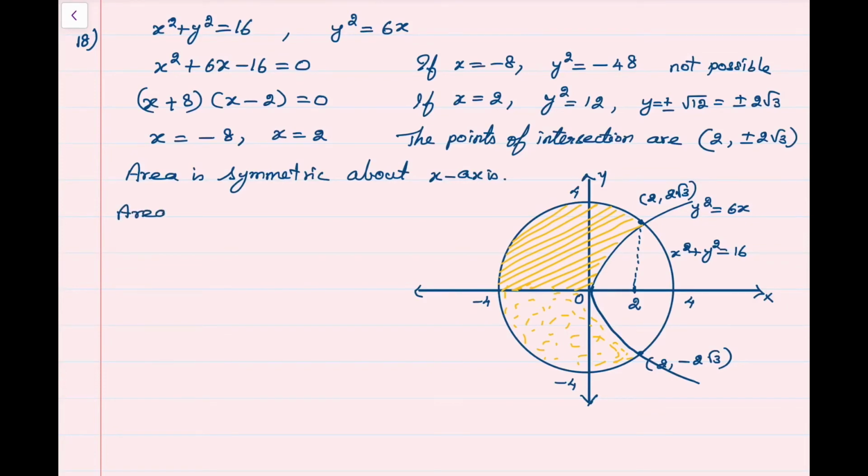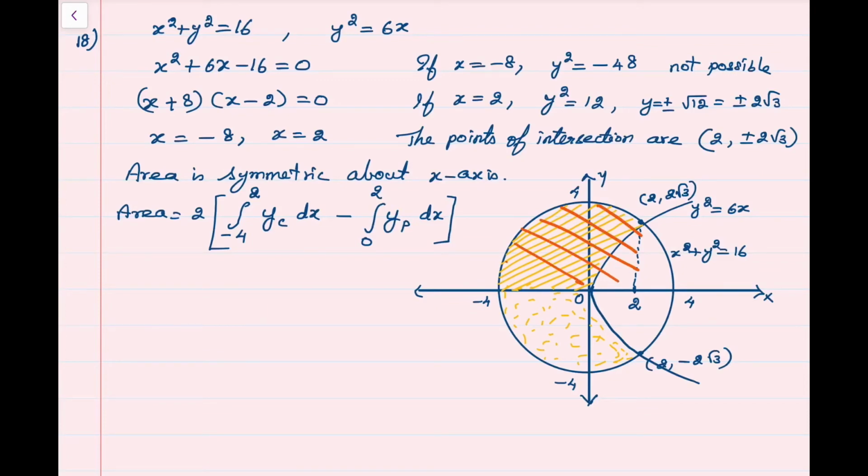Therefore, area is 2 times integral minus 4 to 2 of circle minus integral 0 to 2 of parabola. The first integral gives this whole area and the second integral gives area under this parabola. So subtraction will give that yellow region.